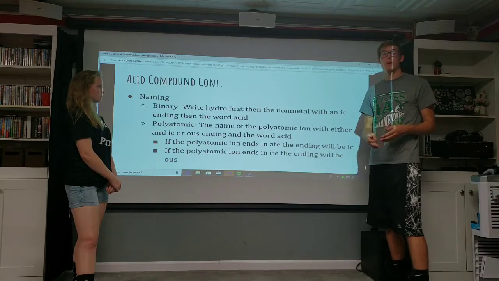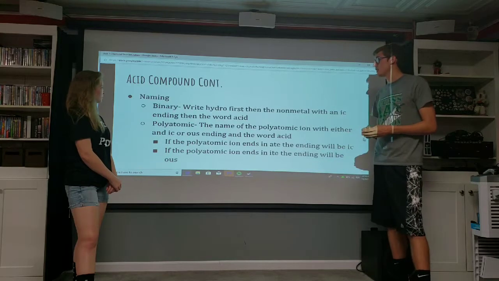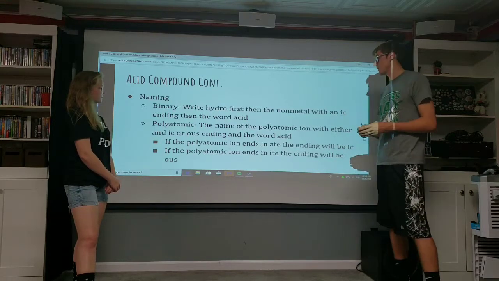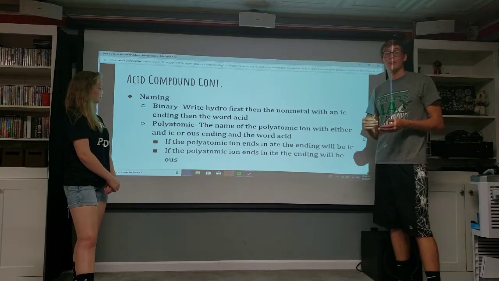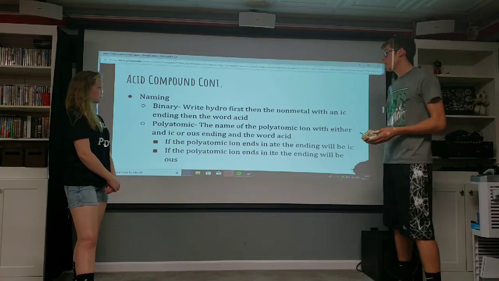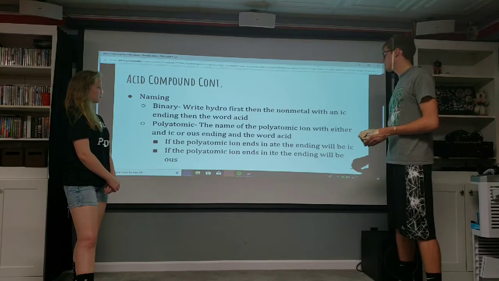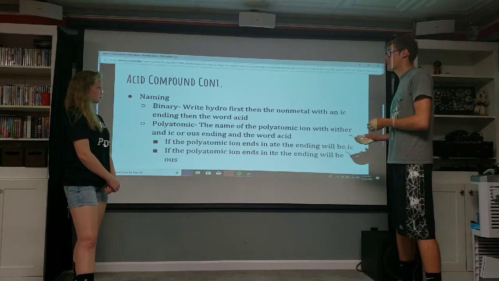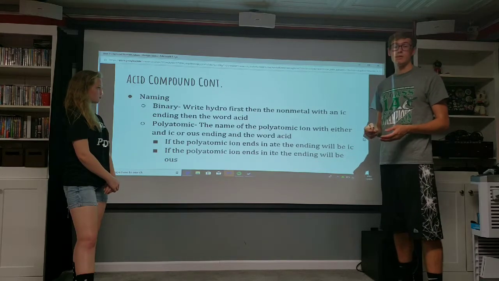And the nonmetal will have an "ic" at the end of it. After the nonmetal is written, we write the word acid. For a polyatomic acid, the name of the polyatomic ion will be written down with either an "ic" or an "ous" ending. This ending is determined by whether the polyatomic ion ends in "ate," which will be translated to "ic," or ends in the word "ite," which is translated to "ous."